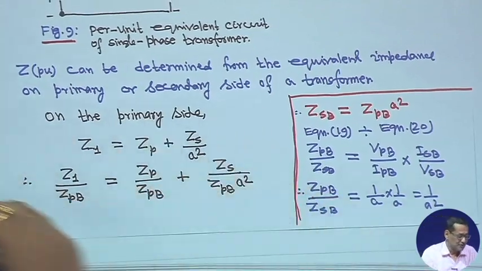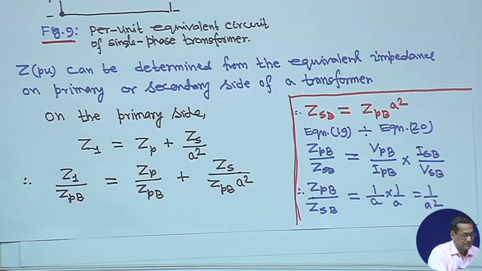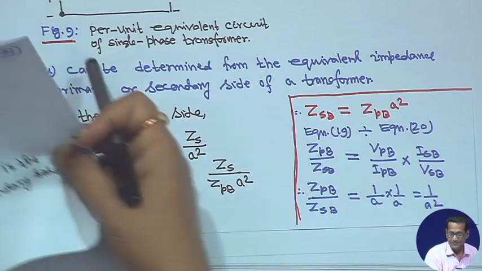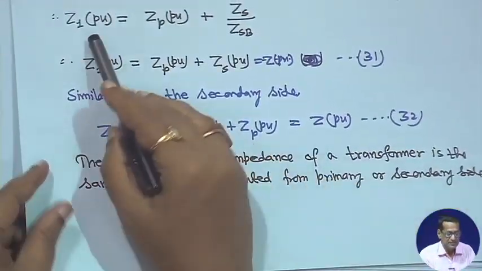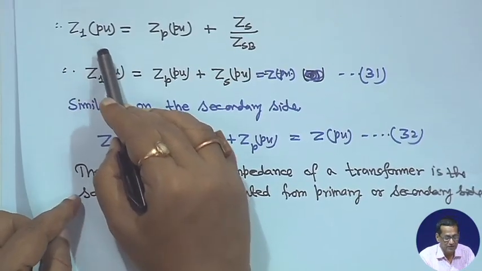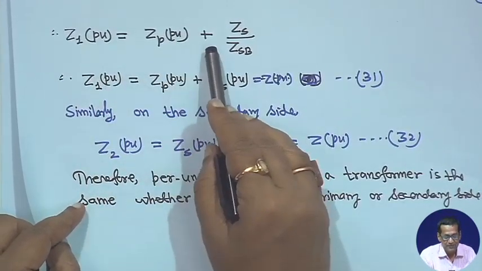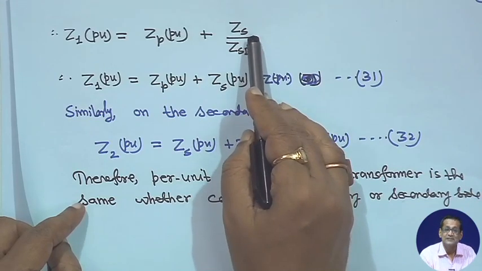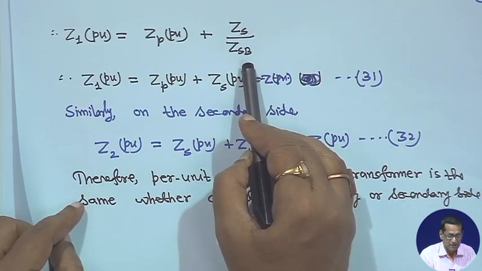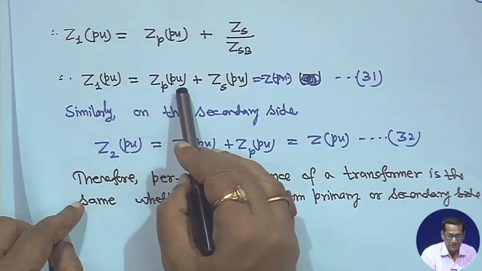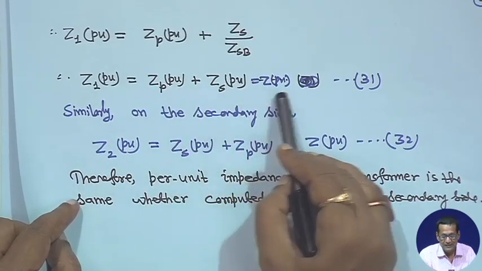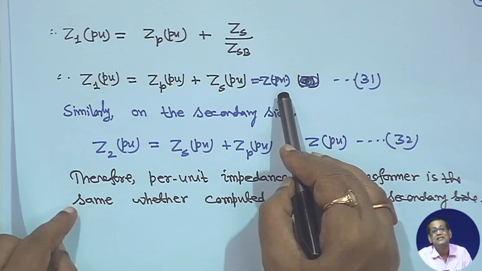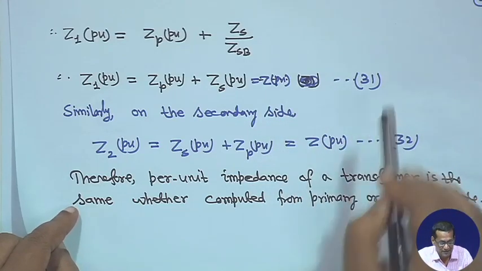Going to the next slide. That means Z1 per unit, this per unit value of impedance, is equal to ZP per unit plus ZS upon ZSB, right. So, this is ZSPU also, because ZS upon ZSB. Therefore, Z1 PU is equal to ZPPU plus ZSPU, which we are making as Z per unit, right. This is equation 31.